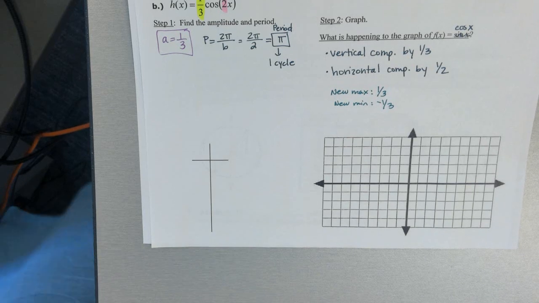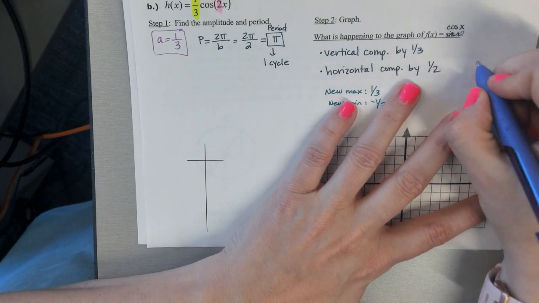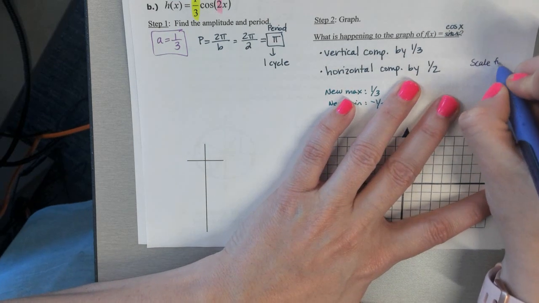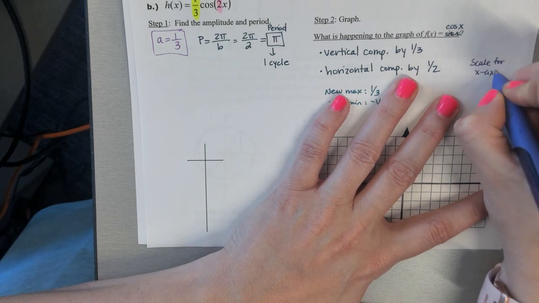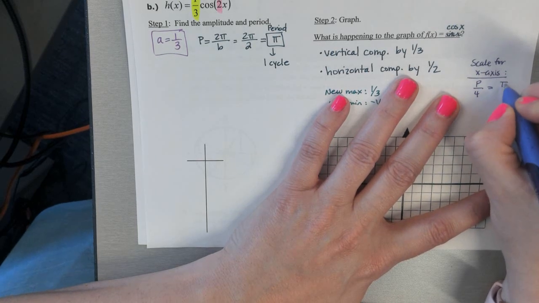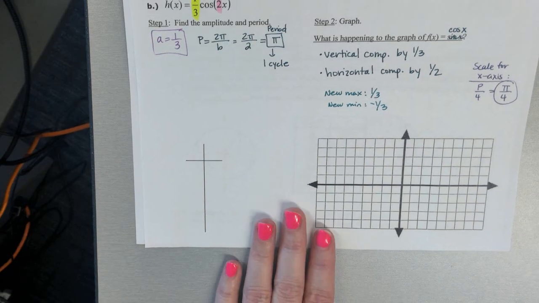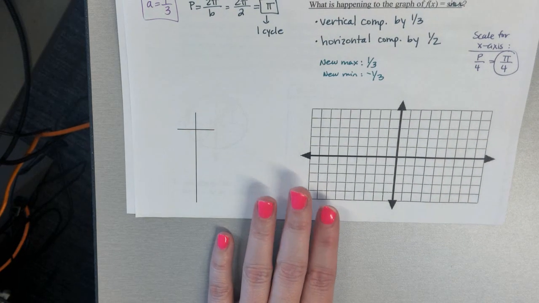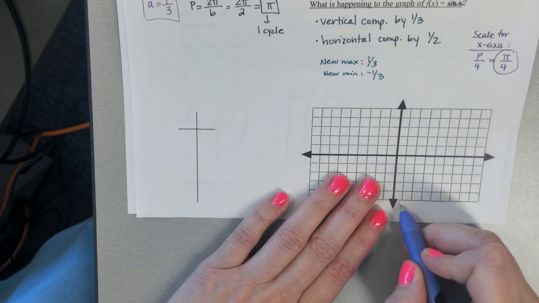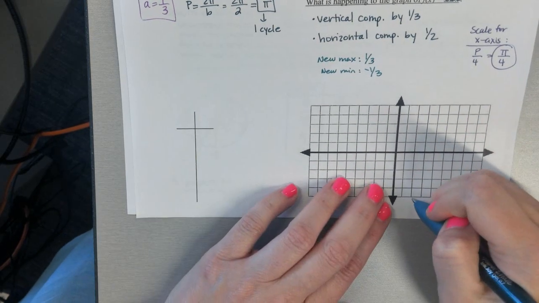Okay, so when you set up your scale for your x-axis, you're going to take the period and divide by 4. So if you have pi divided by 4, it's pi over 4. Now this is one where every single one I will do is pi over 4, because this would be 1 pi over 4.